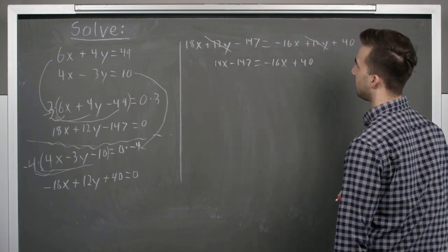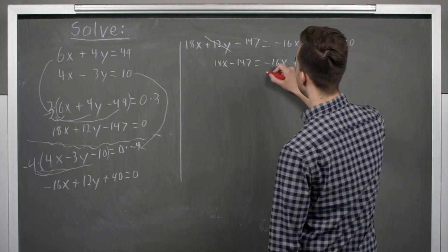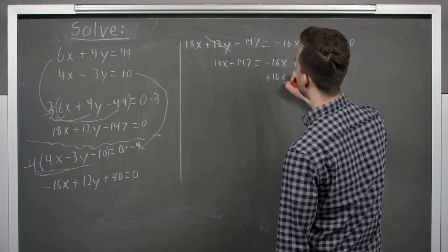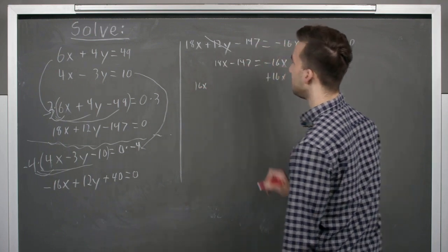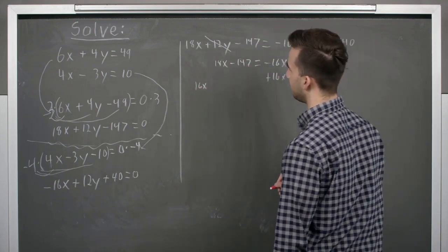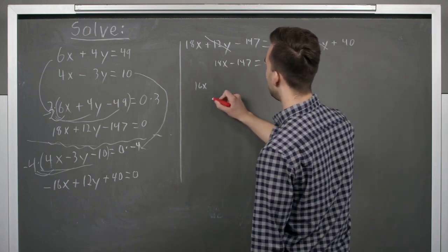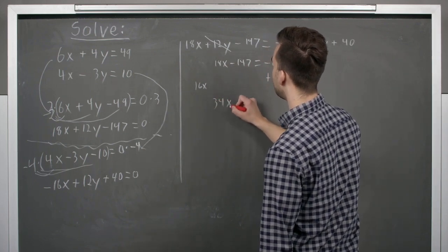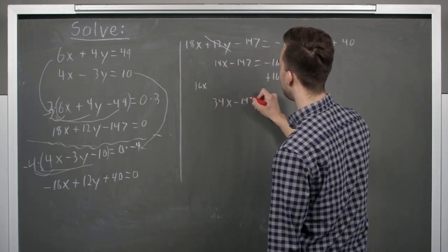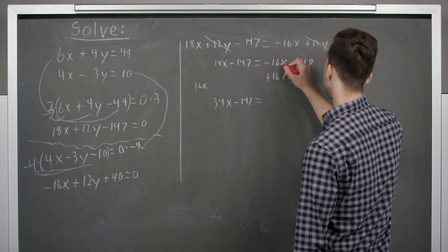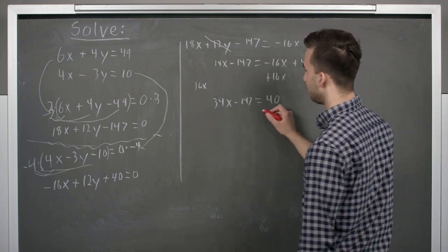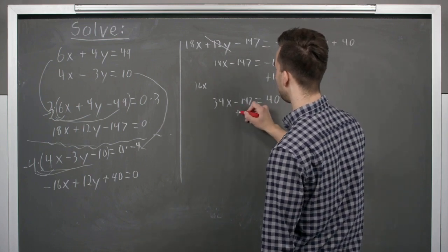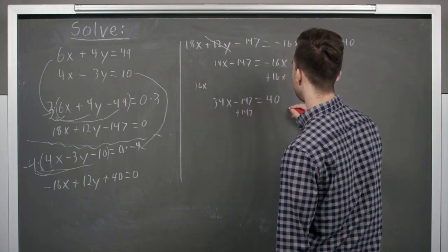So let's simplify this. Let's add 16x to both sides. So 16x. What's 16 plus 18? I think it is 34. So 34x minus 147 is equal to 0x over here plus 40. Now let's take this 147 to the other side. 147.